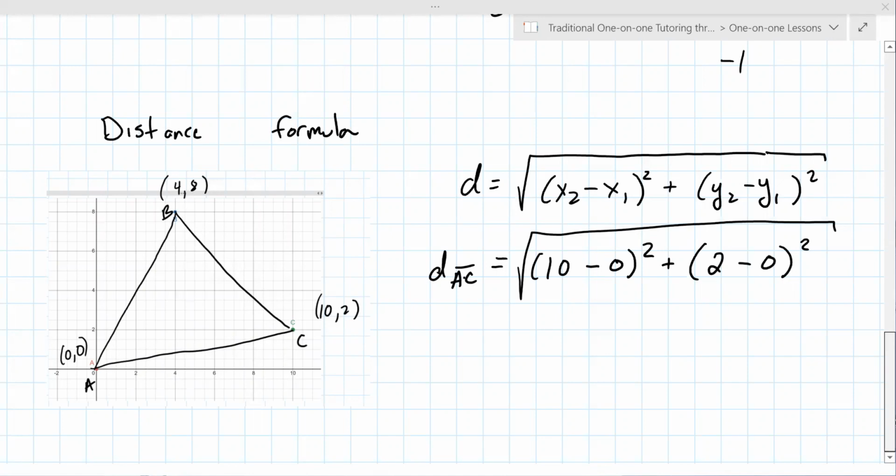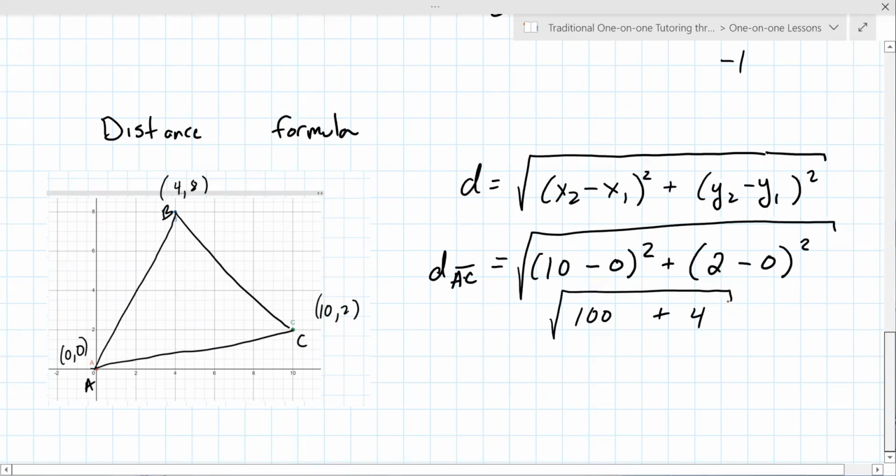Okay, 10 minus 0 squared is 100, plus 2 minus 0 squared is 4. Okay, let me just solve that out. You're adding though, it's 100 plus 4. So this is the square root of 104.